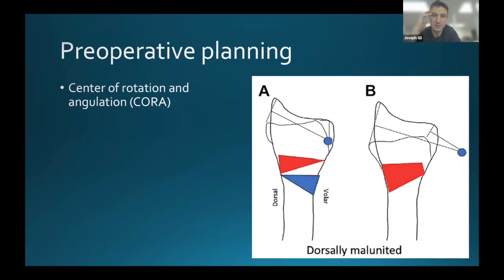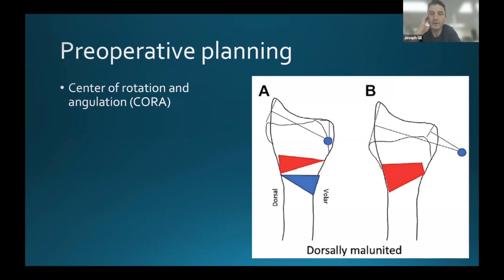For the dorsal cortex, they draw a line from the tip of the non-fractured side to the malunion side, and then they draw another line from the volar cortex of the malunion to the normal side. They then drop a line perpendicular to the midpoint of each of those lines, and where they cross is your center of rotation and angulation point.